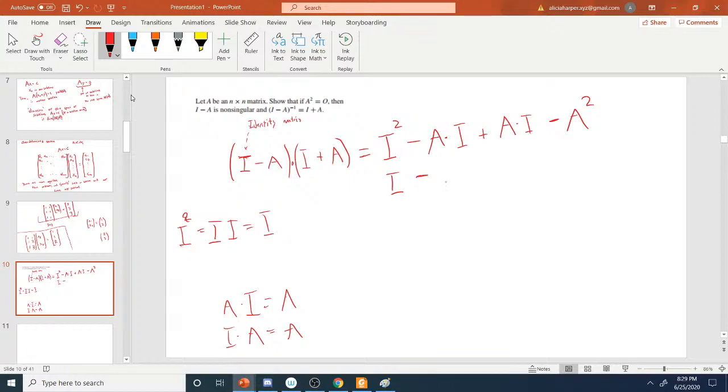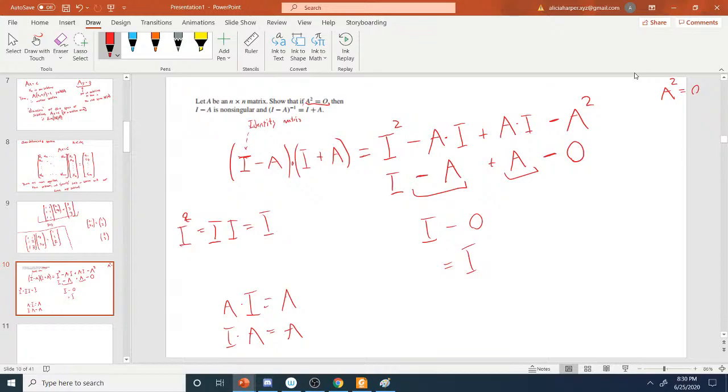So this becomes minus A, and this becomes plus A. And finally, we're going to use the fact given here that A squared is the zero matrix. So this is the same thing as minus the zero matrix. This will cancel with this, and so I'll be left with I minus the zero matrix. But if you subtract the zero matrix from anything, you just get the same matrix back.